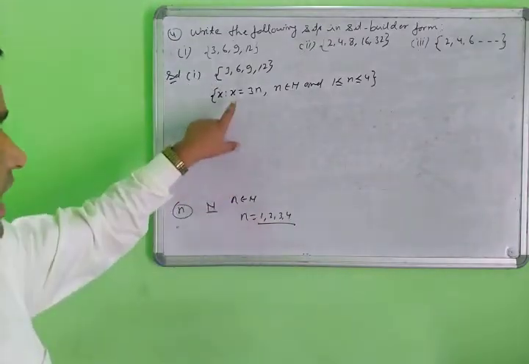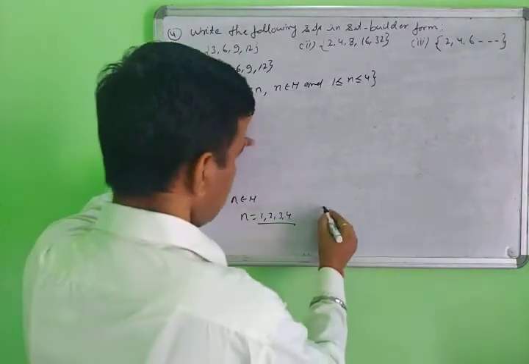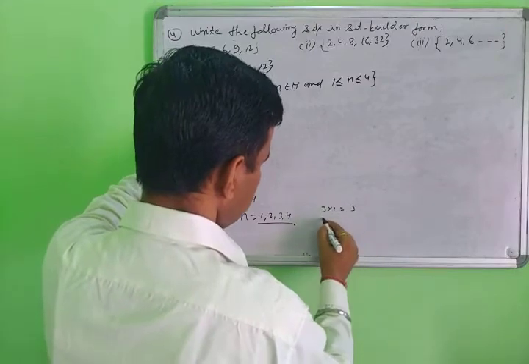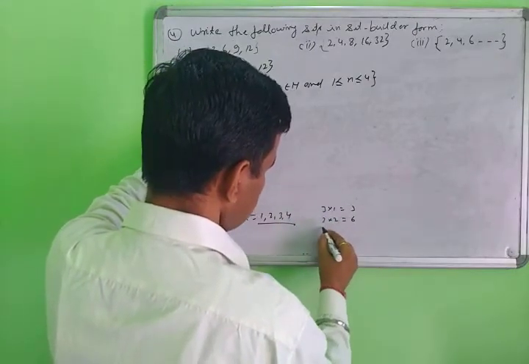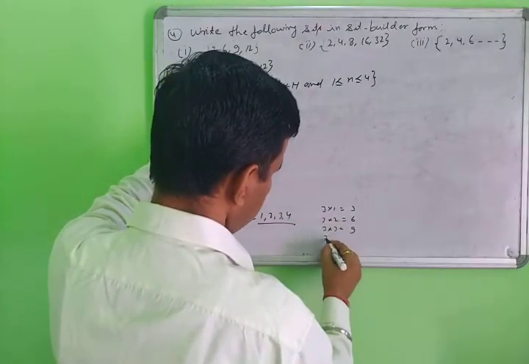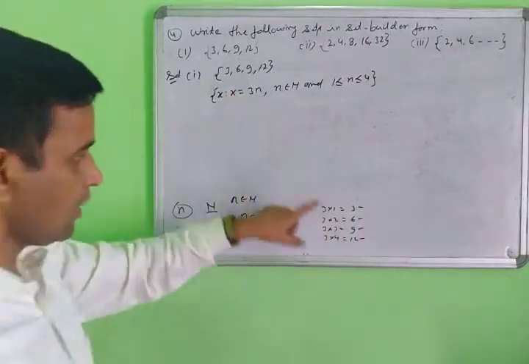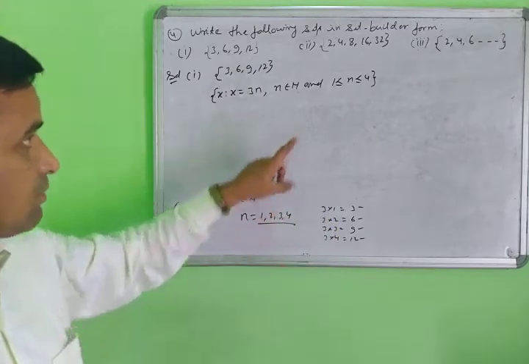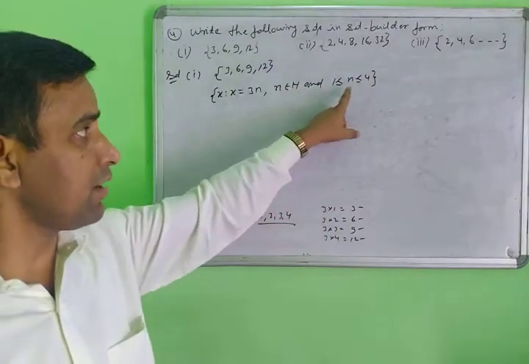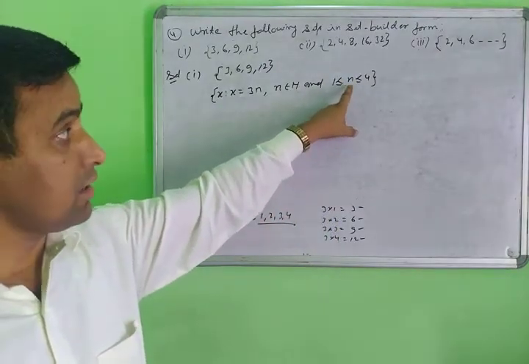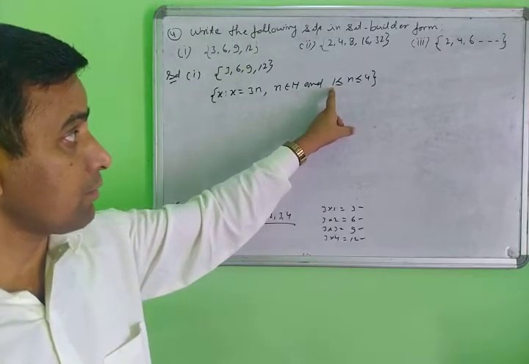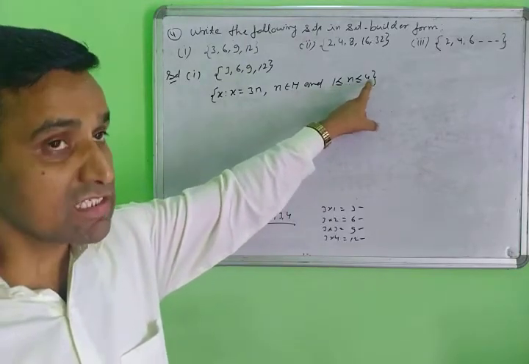When you put n equal to 1, 3 into 1 equals 3, 3 into 2 equals 6, 3 into 3 equals 9, and 3 into 4 equals 12. All elements came. So the limit of the natural numbers is greater than or equal to 1 and less than or equal to 4.